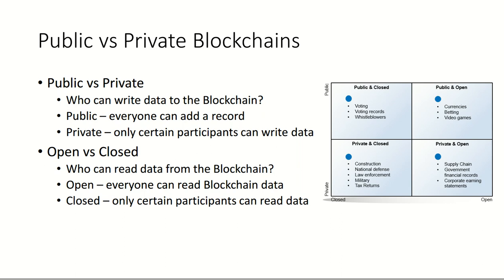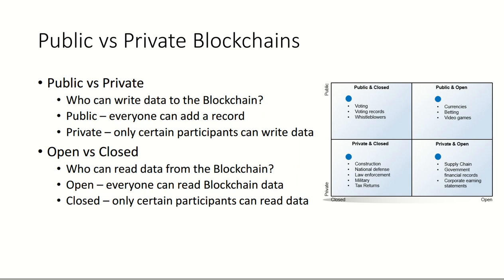Who can write data? And if we're using these terms properly, we would say that a public solution is one where relatively large audiences have the ability to add data to the ledger, whereas a private one is one in which only a small audience has that ability. The second function, who can read or consume that data, we use the terms open and closed to describe.